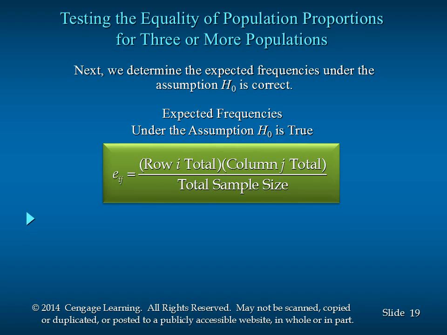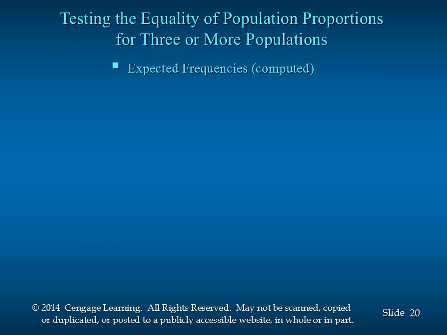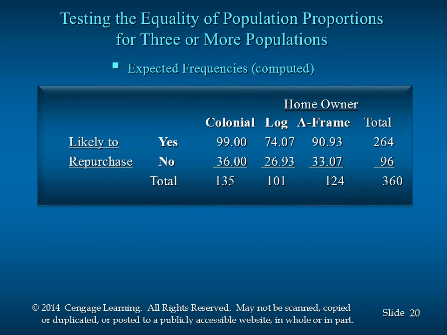Now your expected frequencies, this is the formula, divided by your total sample size. You take the i and the j intercept point and divide by the total sample size. Let me show you how that works. And here are the expected frequencies. This is what you would have expected to have occurred based upon the i and the j and the overall 360.